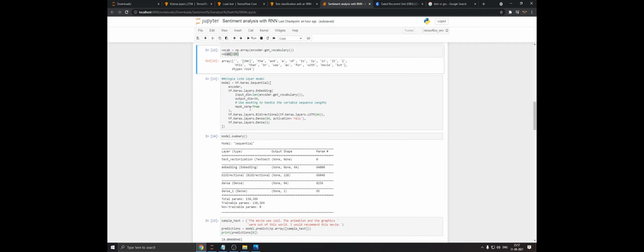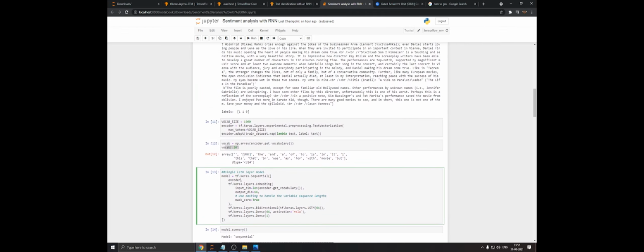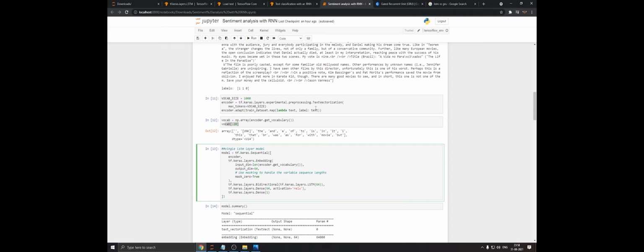Now we are defining a single LSTM layer model. First of all, we have the encoder. We are using the sequential API of TensorFlow, and the encoder will give us all the vectorized tokens here.